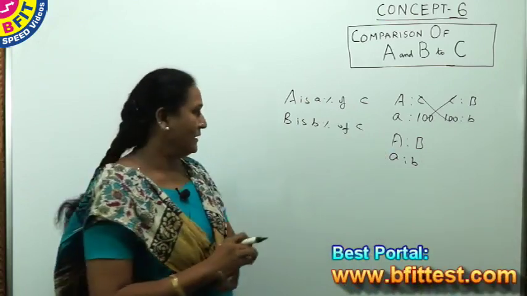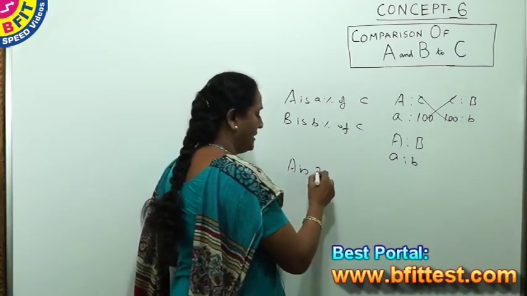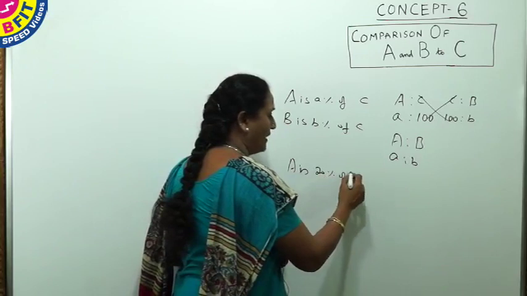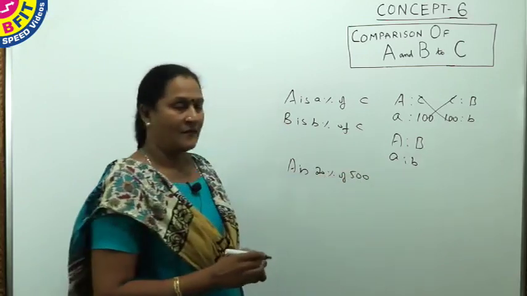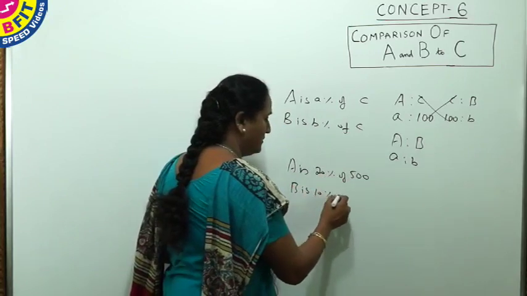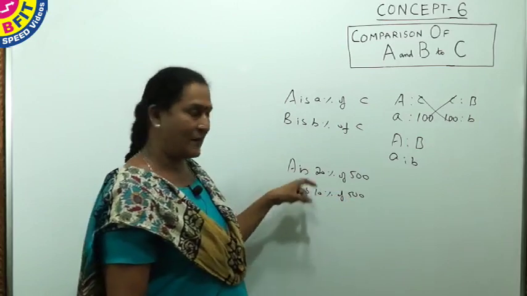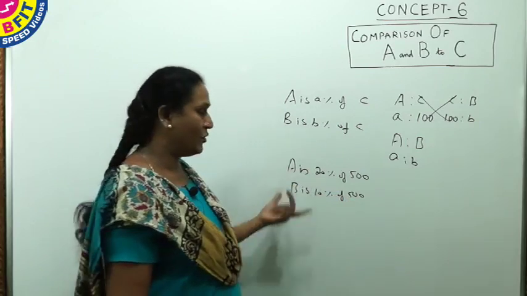Say for example, we'll take A is 20% of 500 and B is 10% of 500. And if we are asked to find the comparison between A and B, what percent of A is B?